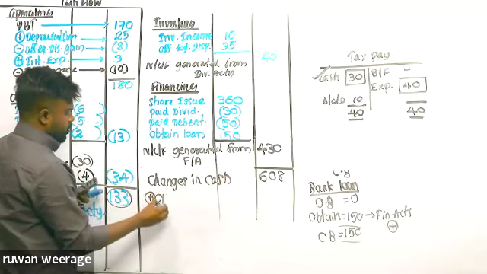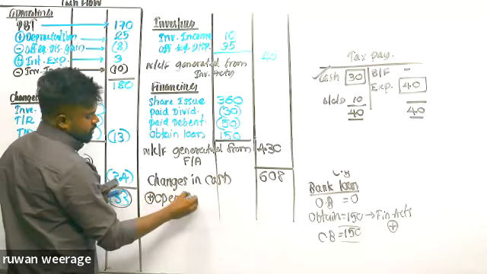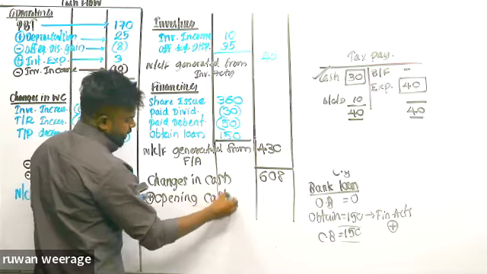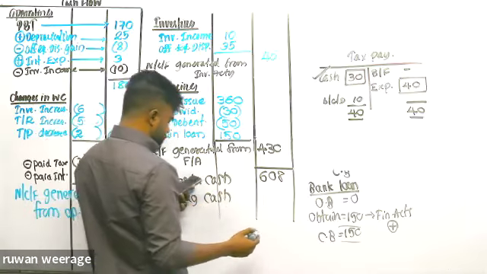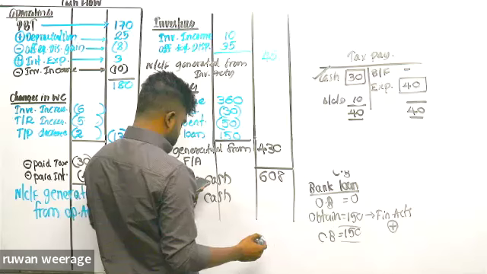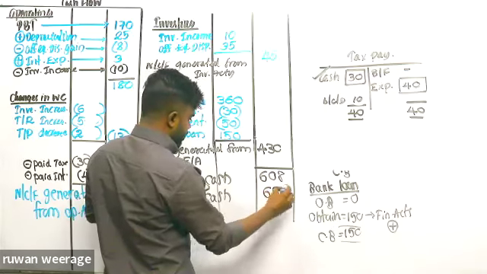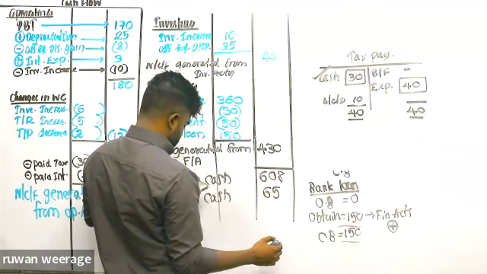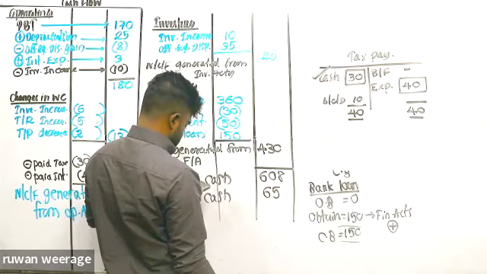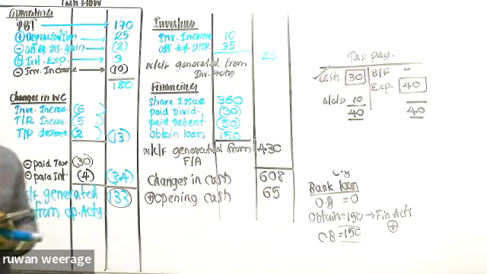Plus opening cash. Opening cash balance was how much? 65. Right, did you get it? 61. This is 65. Closing the heap.